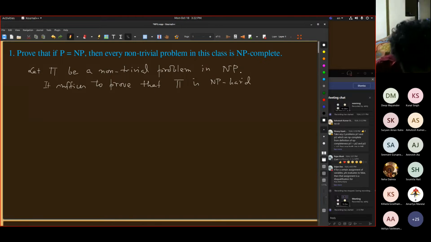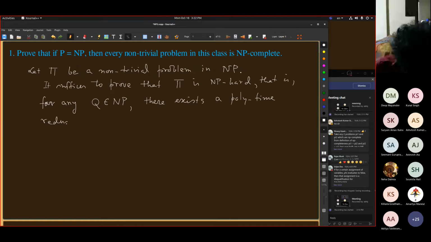That is, by definition, for any problem, let's call it Q, in NP, there exists a polytime reduction to pi. This is what I want to show.